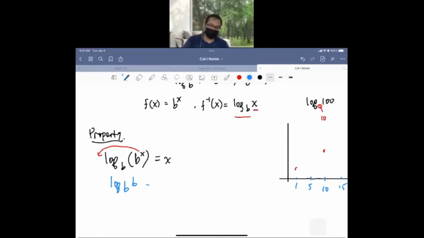So it equals 1. That's why, when we have log with base b of b to the power of x, we can just say it equals x. This is for every x in all real numbers.